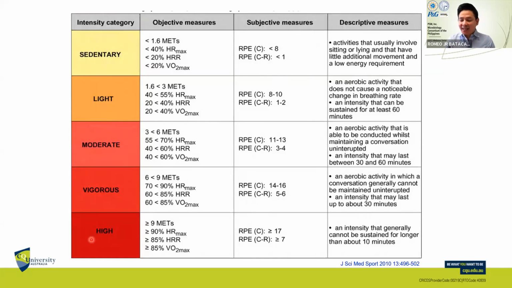So let's face it, technology advancement in the modern society has caused large proportions of the population to adopt sedentary behavior. So a lot of us are sitting most of the time. In fact, in a recent study, it has been shown that most people would sit 8 hours to 11 hours per day.